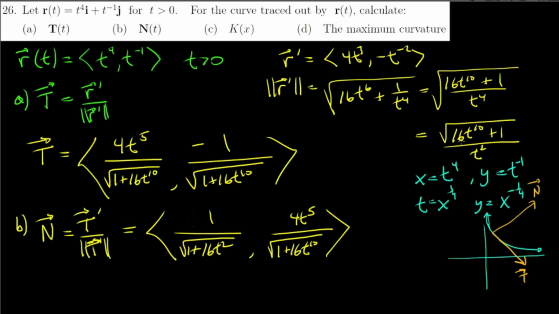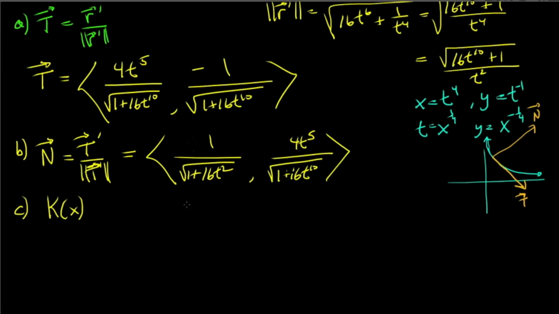So, all right, curvature, k, in terms of x. So we want the curvature as a function of x. Now that we did part B, we know what y is in terms of x. y is just x to the negative 1/4.